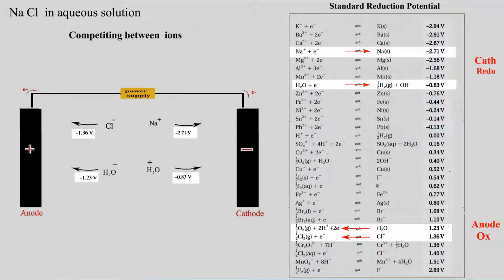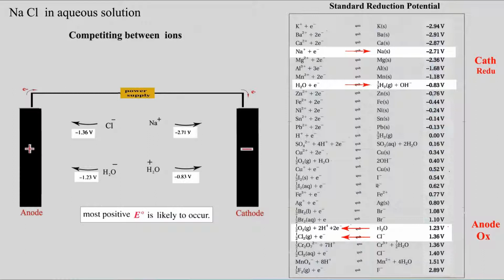Now, here comes an important rule. On each side, the most positive value is likely to be the winner, is likely to occur. So, look onto anode.